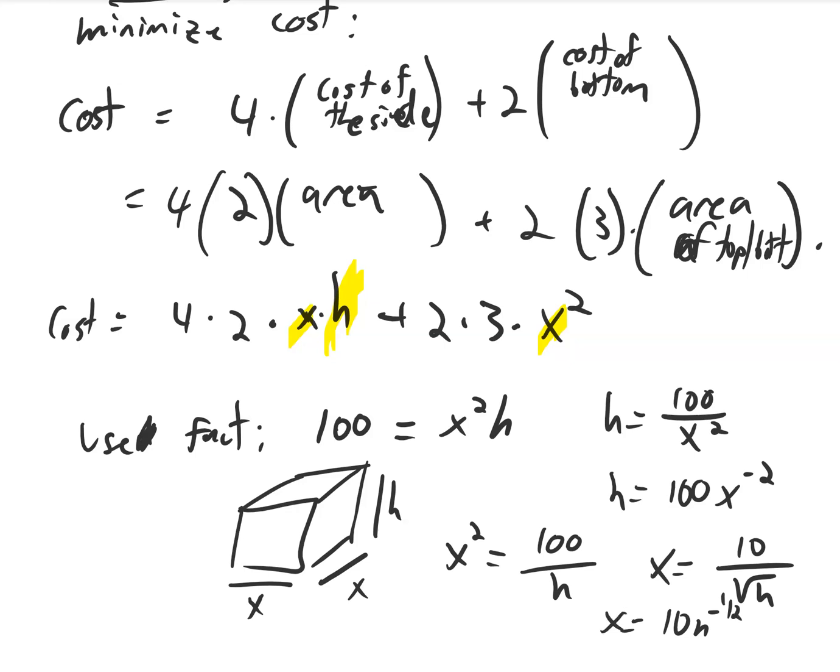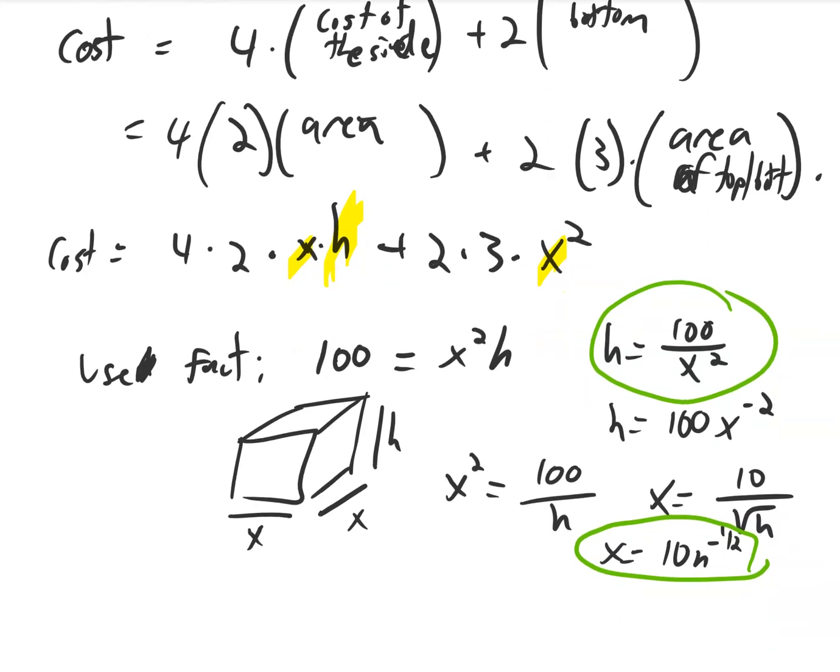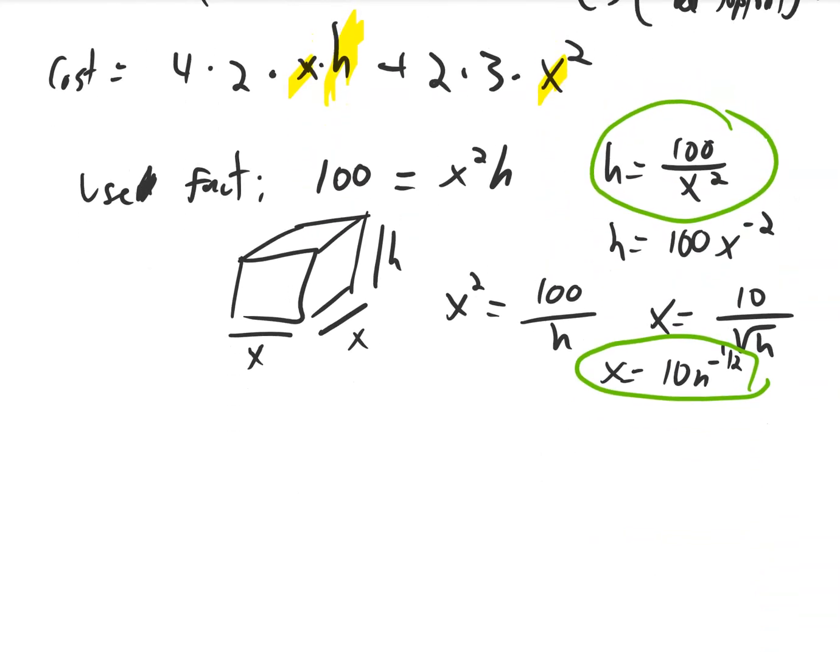I don't know which of these is easier. We can replace h with 100 over x squared, or we can replace x with 10h to the negative 1/2. Whichever one's easier is the one we'll go with. I think I'm just going to use this one.